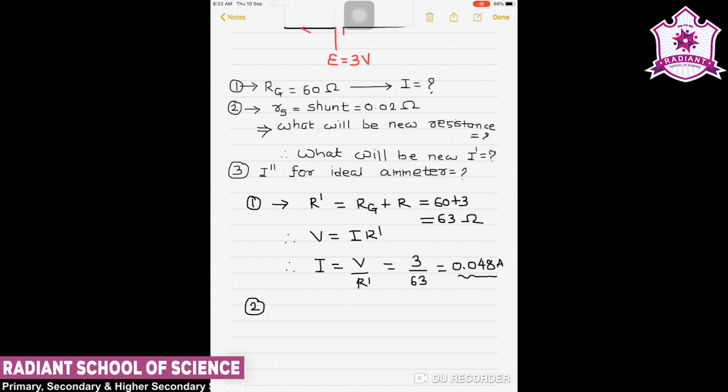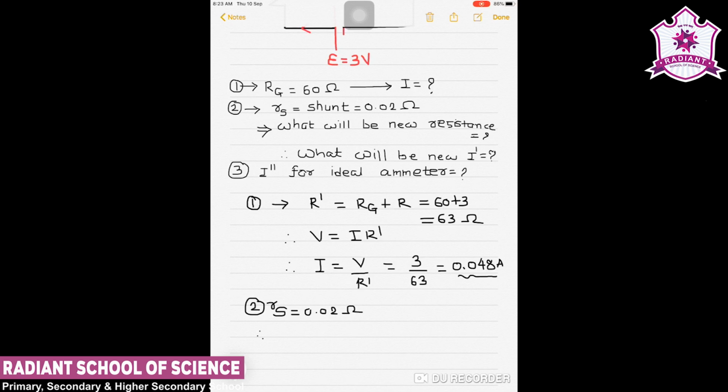But the second question is more important and interesting. They have given us that if we connect a shunt resistance of 0.02 ohm with this galvanometer, then what will be the current through the circuit? For that we have to find a new resistance for the galvanometer part. The shunt resistance is 0.02 ohm.